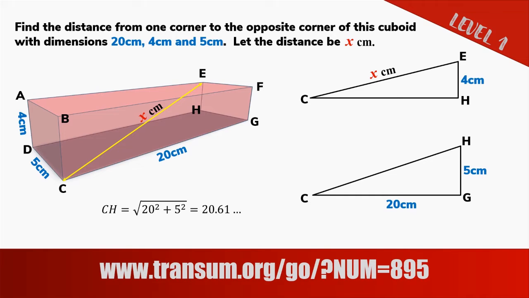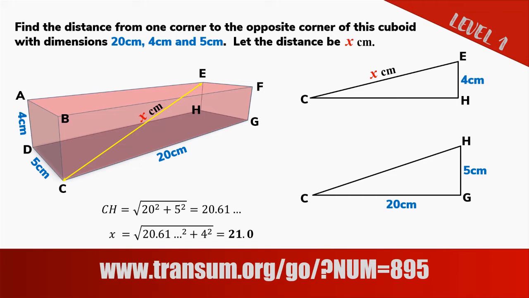Use that answer to go back to the first right angle triangle that I drew, and now we can use that to work out what X is, again using Pythagoras' theorem. So we've used Pythagoras' theorem twice.